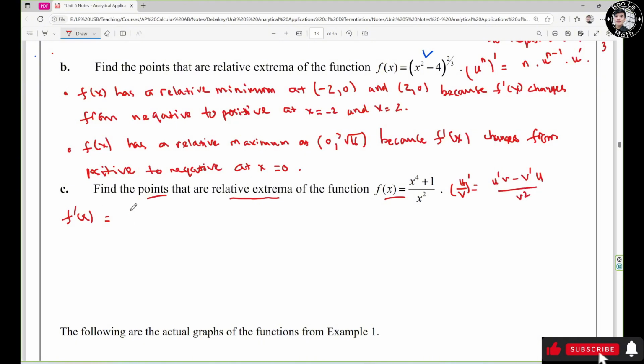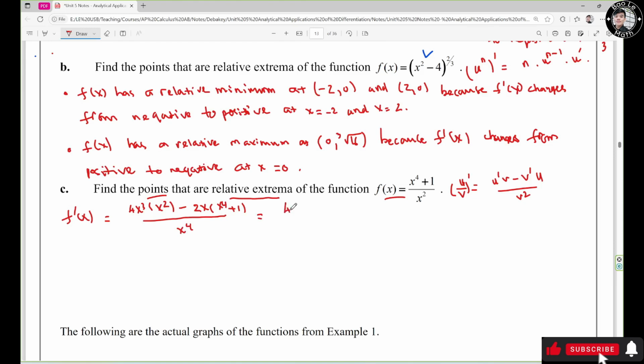So this guy turns out to be 4s cubed times s squared minus 2s times s to the 4 plus 1 over s to the 4, right? I'm going to simplify this one.